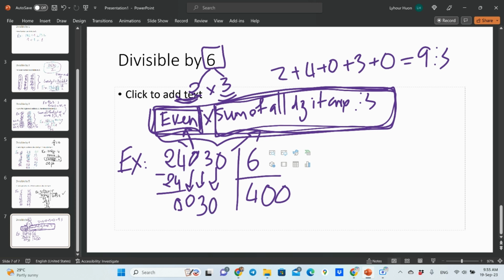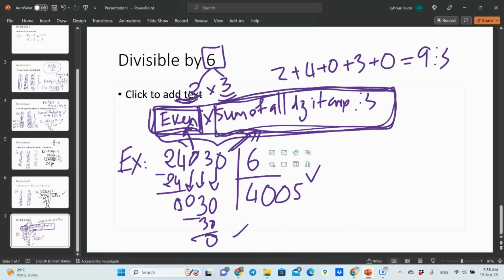How many times does 6 go into 30? 5. 5 times 6 is 30, which leaves 0. So if it completes this condition and this condition, this one example is divisible, right?